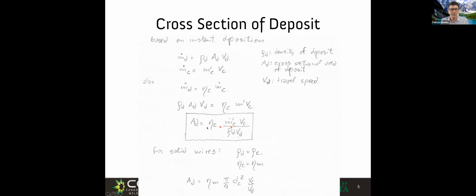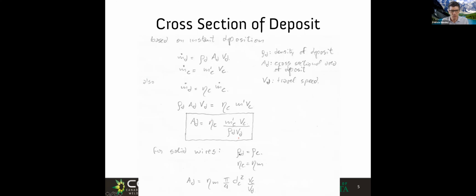The consumable efficiency we might not know exactly, but it has a very narrow range of variation, and I'm giving you in these slides a good list of what these values can be. So this cross-sectional area of the deposit, we can predict quite well. If instead of predicting it, we're just welding and cutting just to see what happens, that's kind of sad, right?